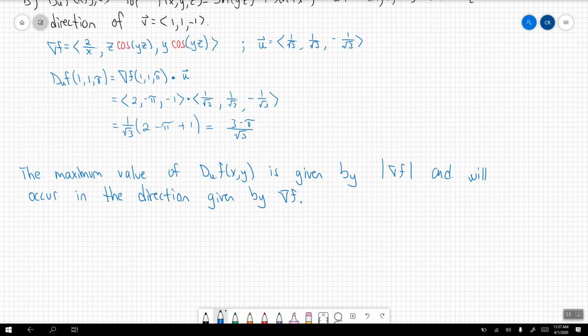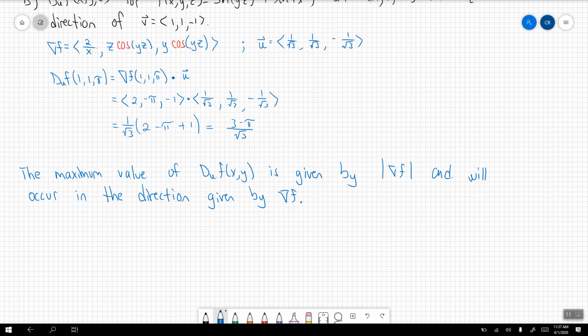So the gradient not only tells us what direction we're taking this vector in, it also tells us the direction in which the rate will increase the fastest or decrease the fastest. That is super helpful. And for homework, you are going to have a couple of assignments to work through on how to find that maximum value and what direction it's going to be traveling in.